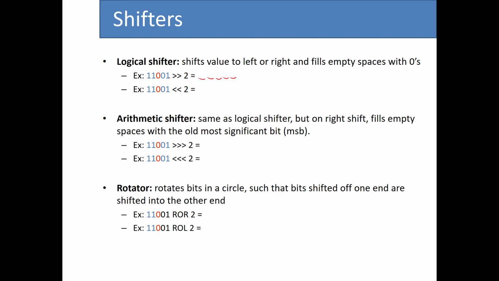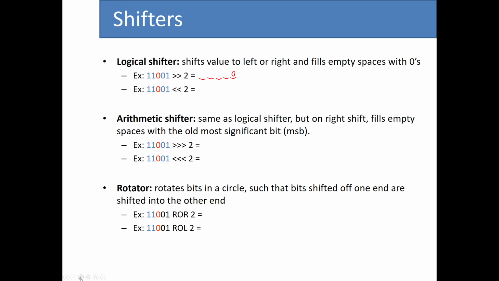Let's start shifting from the right. When you shift this to the right, it goes beyond the possible bits, so this bit and this one would be out of the final value. This 0 that we have, when you shift it 2 places to the right, is going to be the first bit in the result.